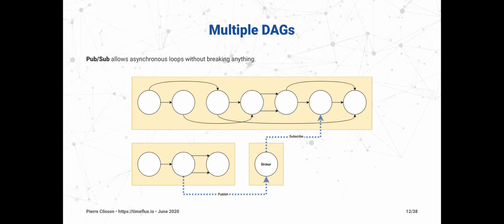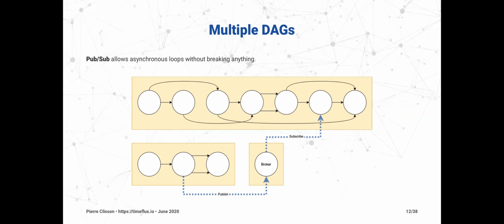For instance, on the second graph in the yellow box on the bottom left, the second node is a publishing node, and it will send data to another graph, which contains only one node, the broker.